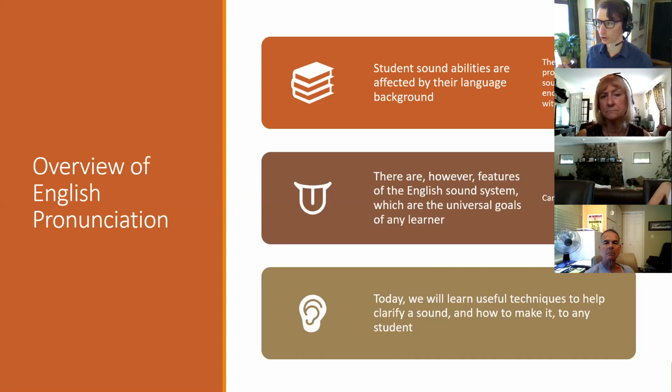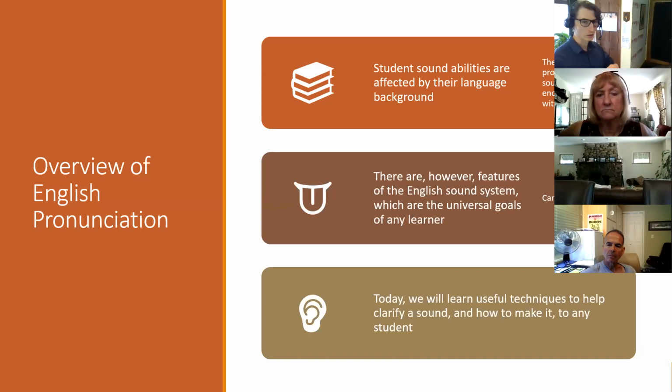I think there are universal features of the English sound system which you can analyze and explain regardless of where the student originated. However, sometimes a student will have absolutely no problem with certain sounds, which is great.